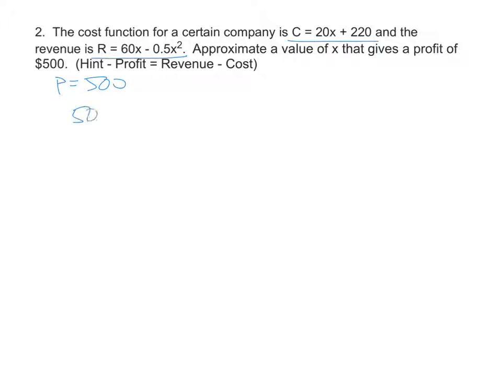So I'm going to have 500 equals 60x minus 0.5x squared minus 20x plus 220. You'll notice I put my parentheses for my revenue and my cost because I need to subtract the whole cost from the revenue. So what am I going to have to end up doing? I'm going to end up having to distribute this negative, and that's probably the most common mistake.